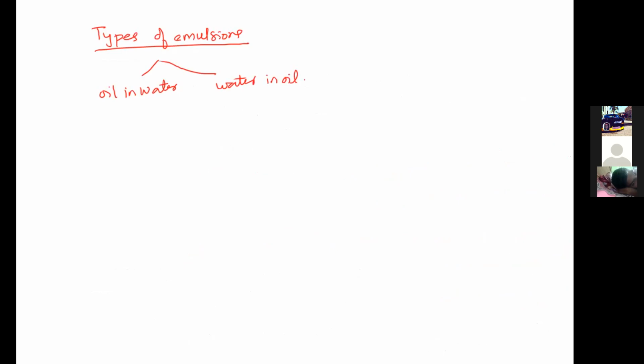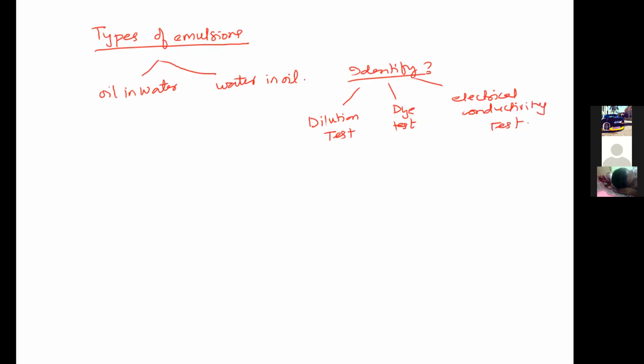How do you identify them? First, the dilution test. Next, the dye test. Then the electrical conductivity test. What happens in each of them?